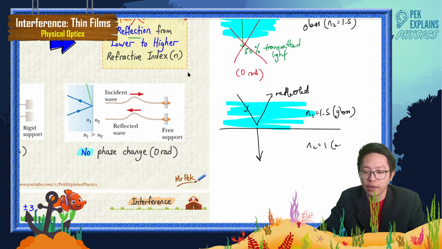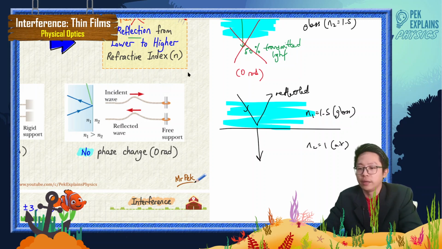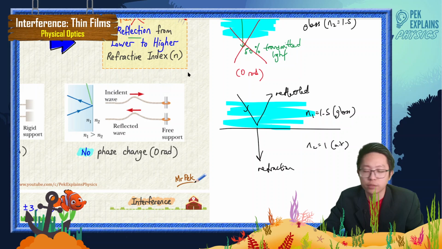This is the air. From glass going to air. We have a reflection and the transmitted refraction here. Refraction, the transmitted light. No phase change happens for either of these. No phase change. Yeah, 0 radian, 0 radian.